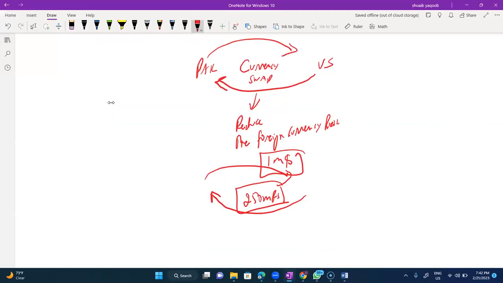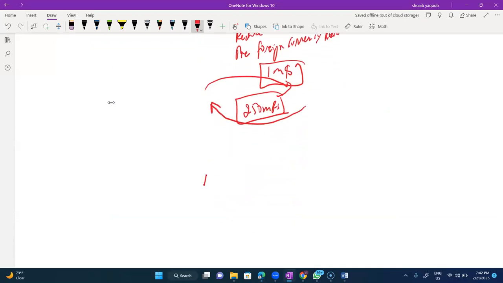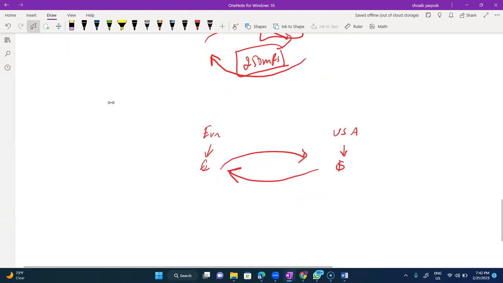For example, let me explain. This is a European company. This is a US company. This company borrows in euro. This company borrows in dollar and they swap the principal. So ultimately, the US company has exposure in euro, and the euro company has exposure in dollar.